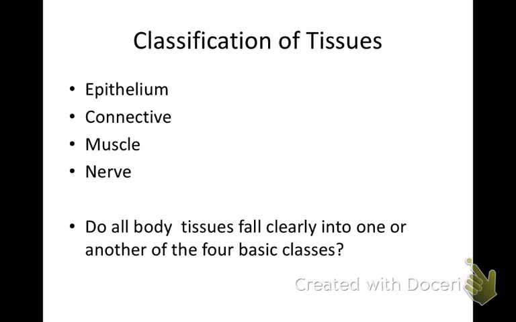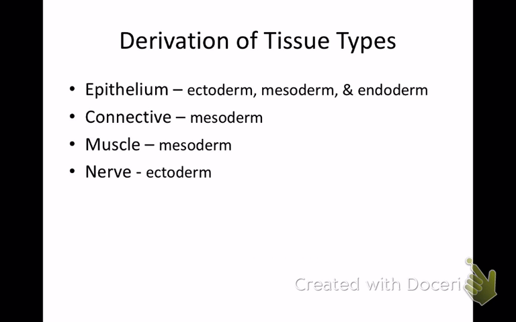Likewise, there are some of the connective tissues that are not clearly classifiable. So not all tissues in the body fall neatly into one of these classes, but most of them do. And we're not going to get bogged down in the exceptions. I just want to make sure you know that not everything is quite that simple.